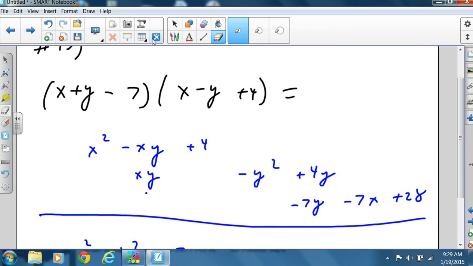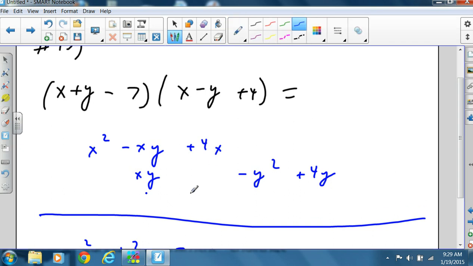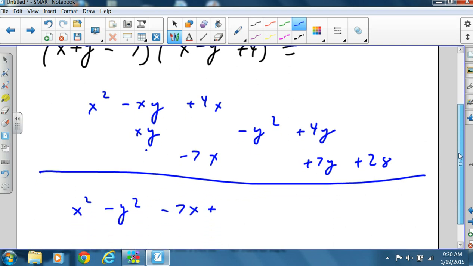This is a 4x. Okay, so that's a 4x. That guy's right. That guy's right. That guy's right. All right. This is minus 7x. Boy, did I ever mess this up bad? Minus 7x plus 7y plus 28. There, is that better? All right.